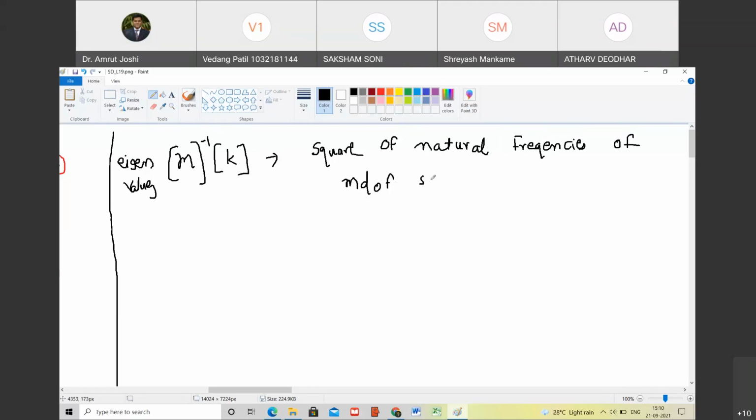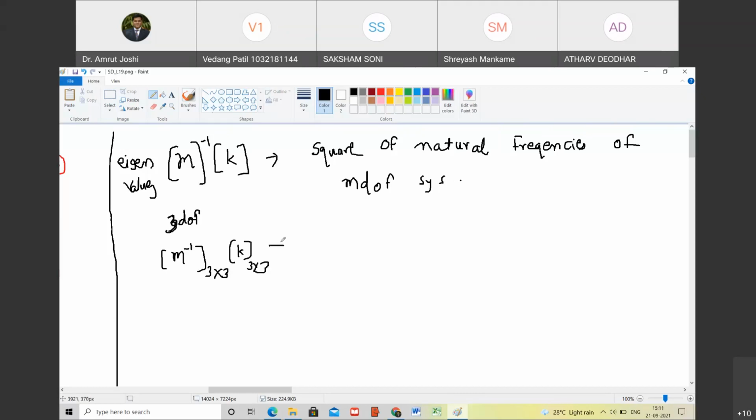Yes, sir. Tell me, if it is a 3 degree of freedom system, how many degrees of freedom? 3. So what is the size of the M inverse matrix? 3 cross 3.